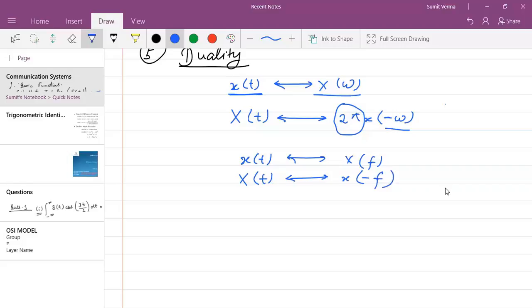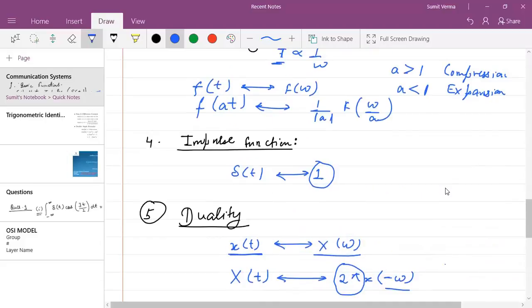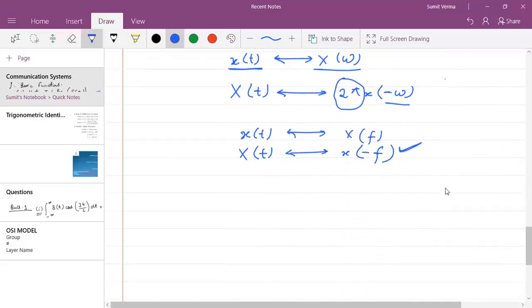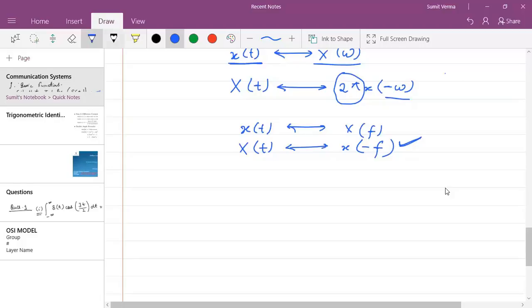This is easier in the frequency domain, you don't need the multiplication factor. We will be using this one more in communication, because we will be dealing in the f domain more than the omega domain. Now we wanted to find the Fourier transform of this constant value, so let's use the duality property to find that.